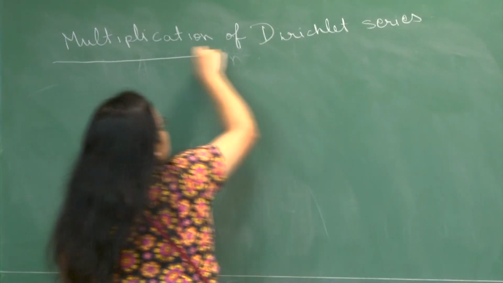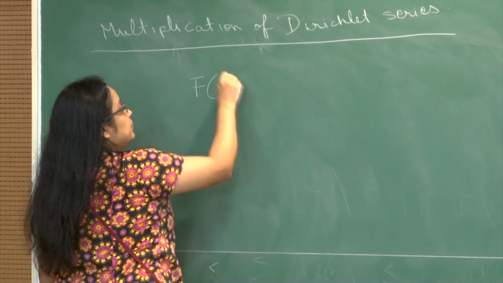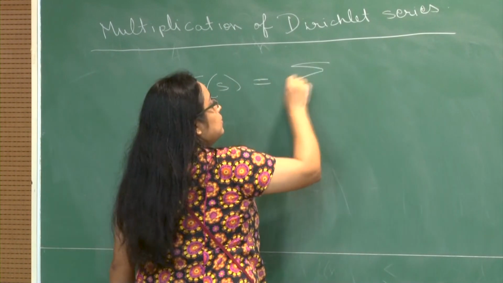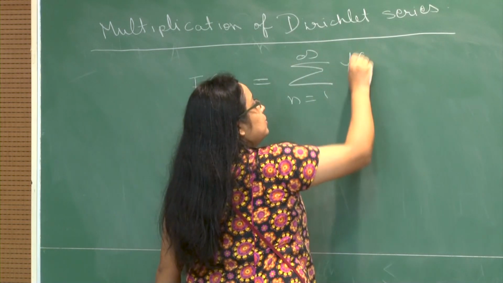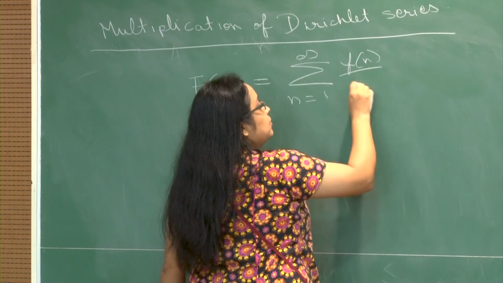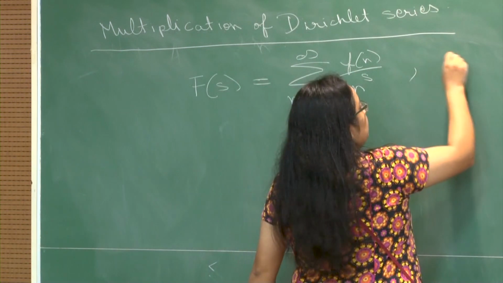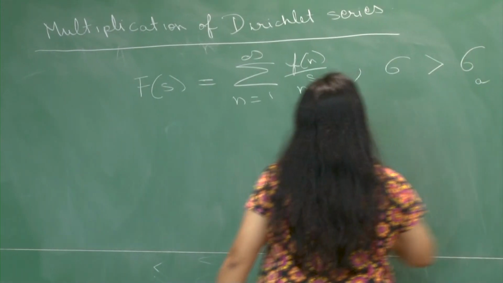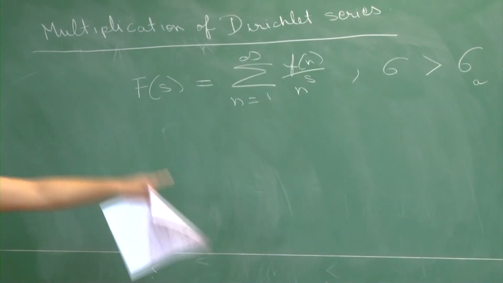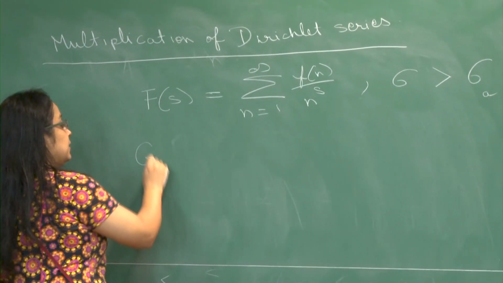So, what we have is, let us take capital F of s for sigma greater than, let us say, some sigma sub A. This is the region where it absolutely converges.